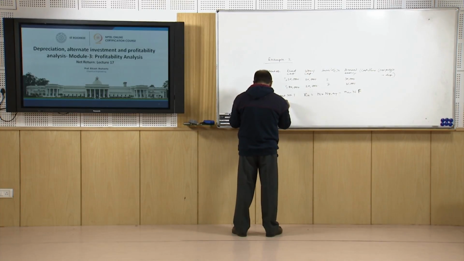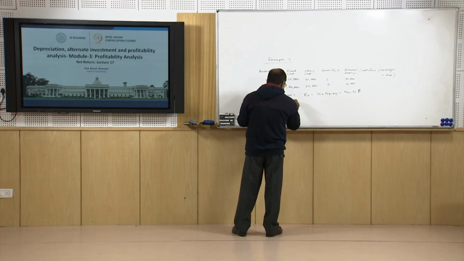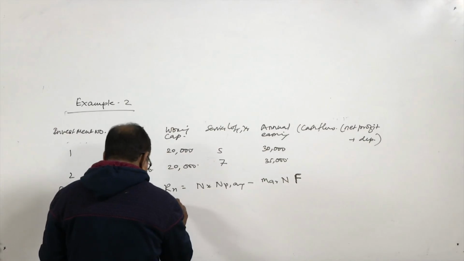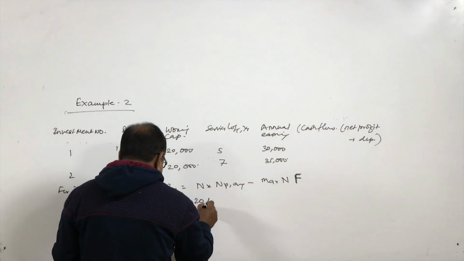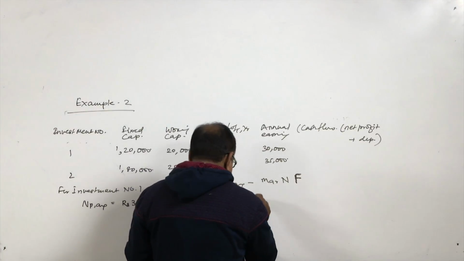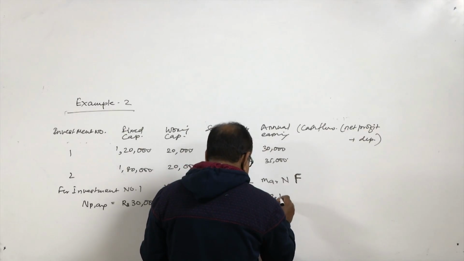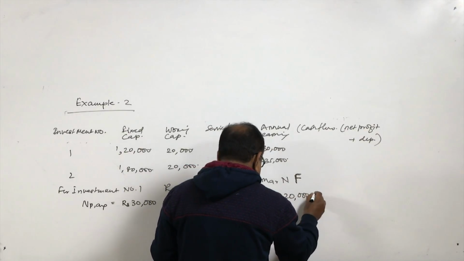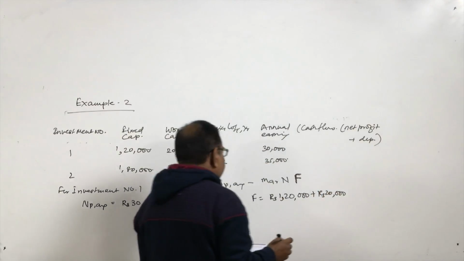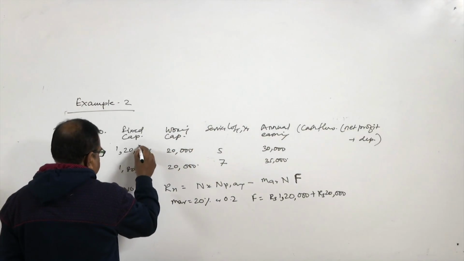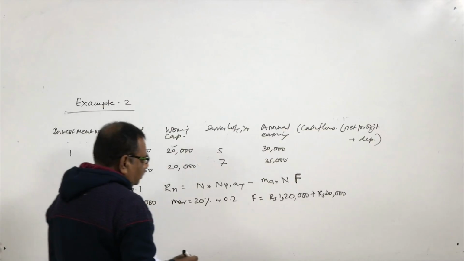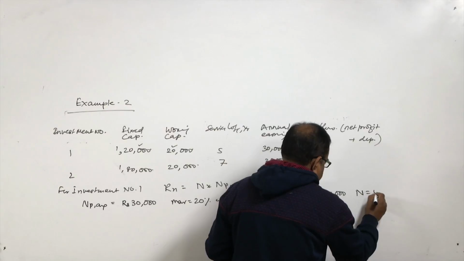NP average is equal to rupees 30,000, MAR is equal to 20% or 0.2, F is equal to rupees 1,20,000 plus rupees 20,000, which is the working capital, and n is equal to 5 years.